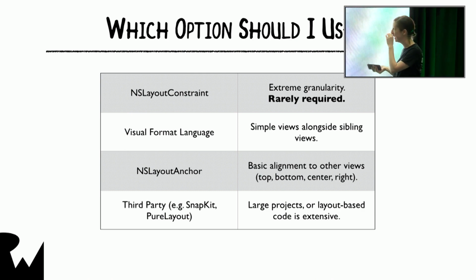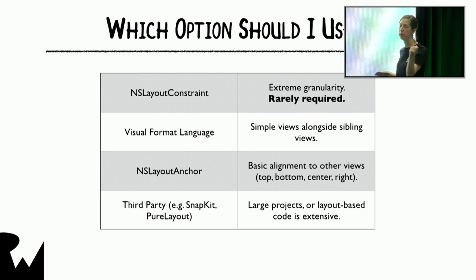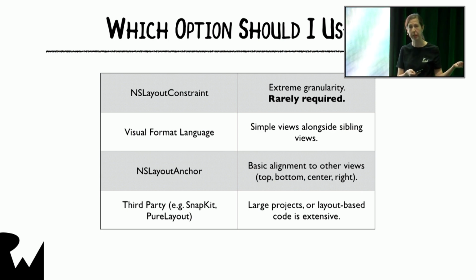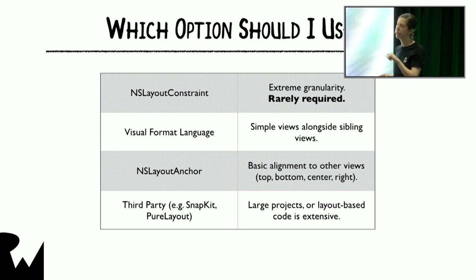You can go ahead and use that. My personal recommendation is NSLayoutAnchor or a higher level third-party library. But sometimes, if people are not interested in having a third-party library in their project, they're going to take one of the first three options, create some abstractions over the top of it and use that in their project, because they'd like to maintain most of their AutoLayout code themselves, and that's fine as well.